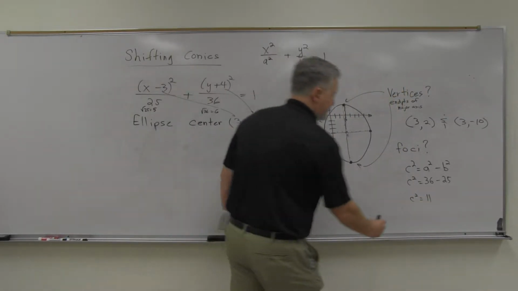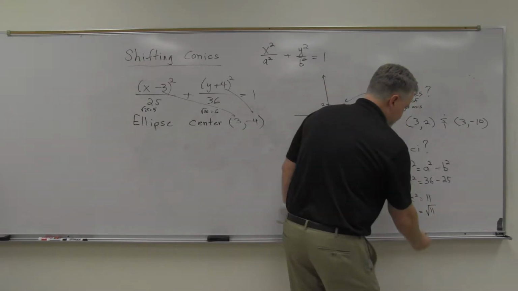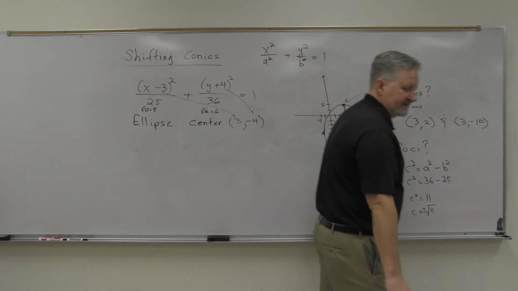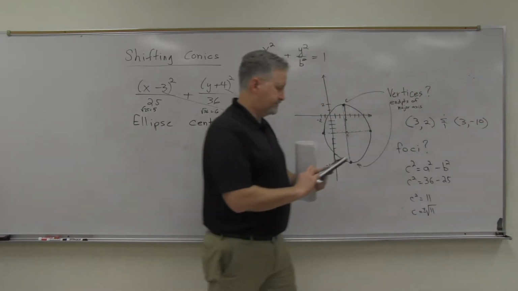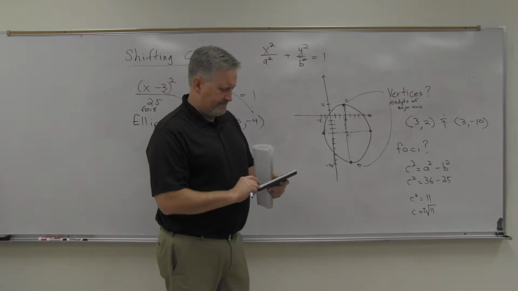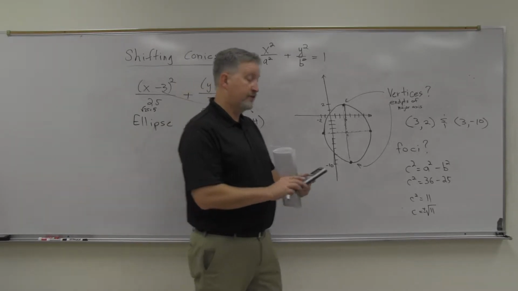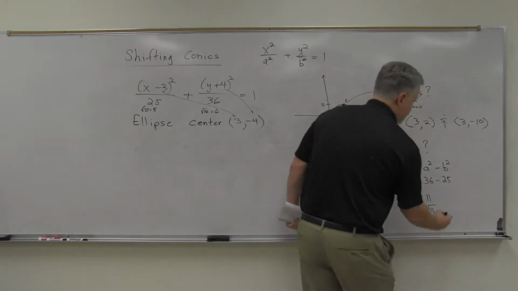So c would be the square root of 11, plus or minus, which is about 3.3.